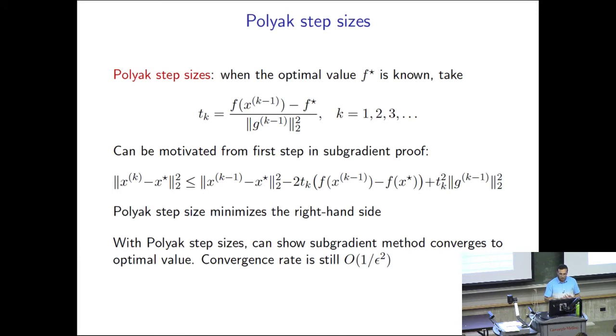So I wanted to introduce something called Polyak step sizes, which are not something we could ever use in practice, but are the optimal step sizes in some sense if we look at the first step of the subgradient method proof. Remember we had this upper bound, wherever I wrote it down.